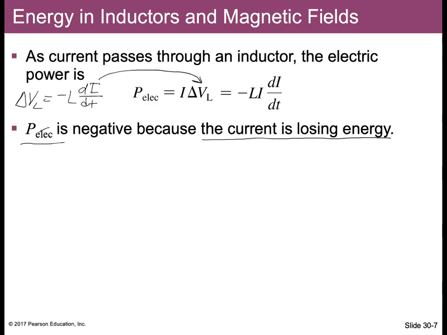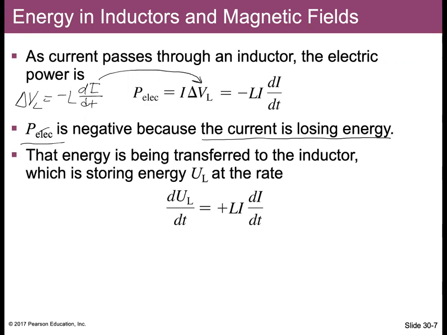Now, the energy is being transferred to the inductor. It's not getting lost, it's actually getting transferred to the inductor, which is then storing the energy, U sub L, at the rate dU_L/dt. And so that will equal a positive L I di/dt.